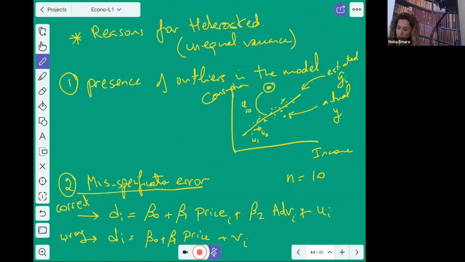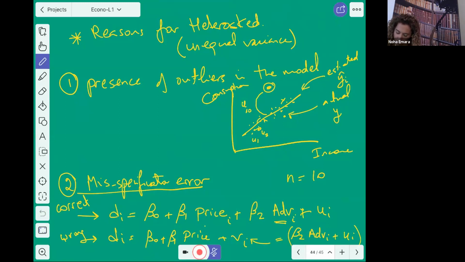So you forgot this variable in model 2, but it's actually included in the error term: v_i would be equal to beta 2 times advertisement plus the amount of error.